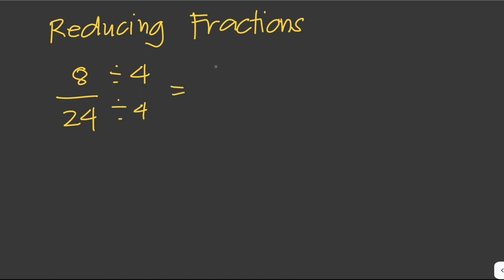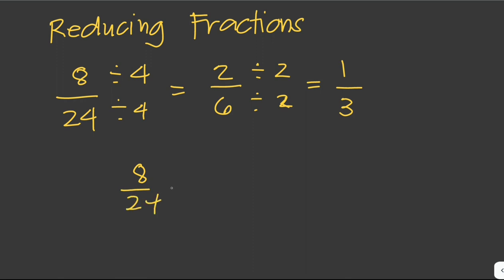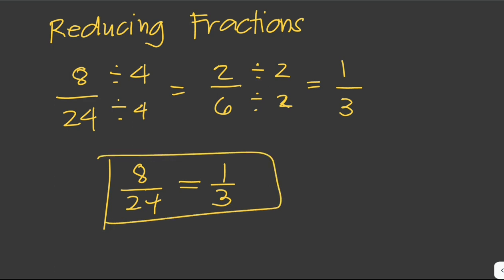So this would give us 2/6. But then 2/6 can also be further reduced because both 2 and 6 are divisible by 2. So we divide both the numerator and denominator by 2. So this would become 1/3. Therefore 8/24 can be reduced to 1/3, or is just equal to 1/3.